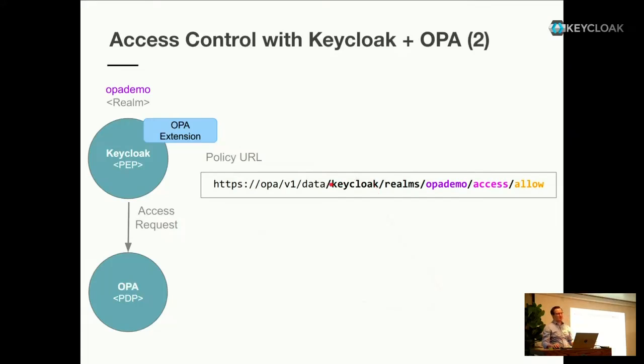Imagine we want to access a certain client. In order to do so, we would evaluate a policy that we can find based on the realm name, based on some scheme like keycloak/realms/opademo. We want to evaluate the access policy and check whether the rule allow evaluates to true. That's basically what we have.